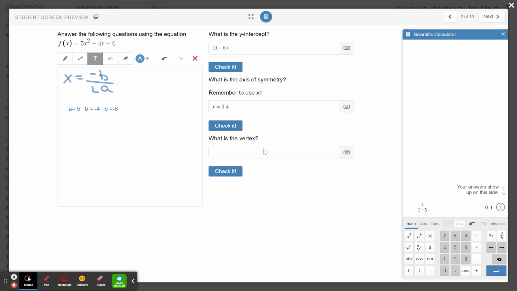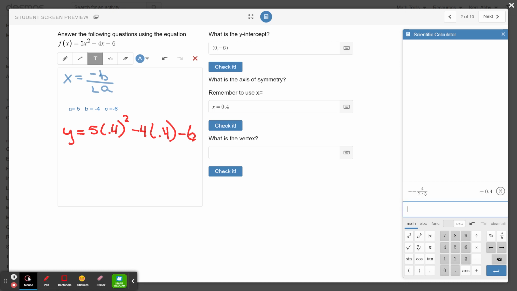Now, what we do, we plug that into our equation. So we had y equals our 5, put in the 0.4. Don't forget the square, minus 4. Put in the 0.4, and then minus 6. So all of that goes into the calculator.